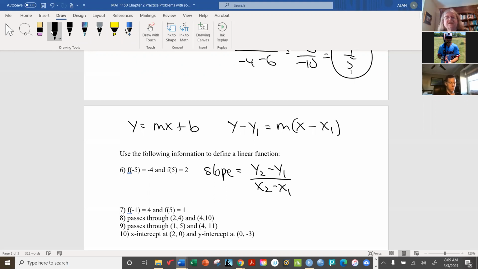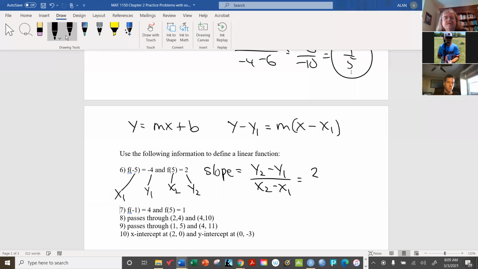Sorry, that's not y2. This is y2. This is x2. Okay, the number we're plugging in here is x2. This is y1, and this is therefore x1. So that was the only thing you had to watch out for, getting those lined up properly.